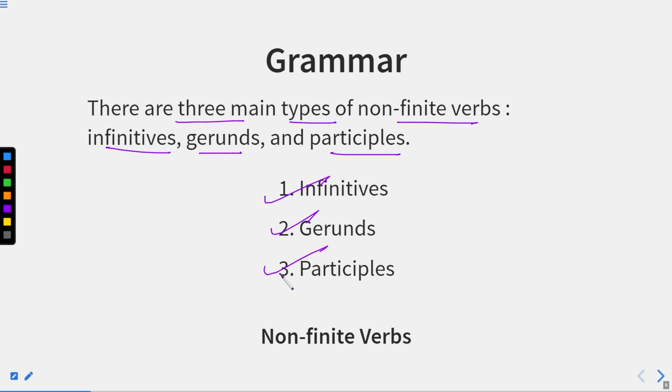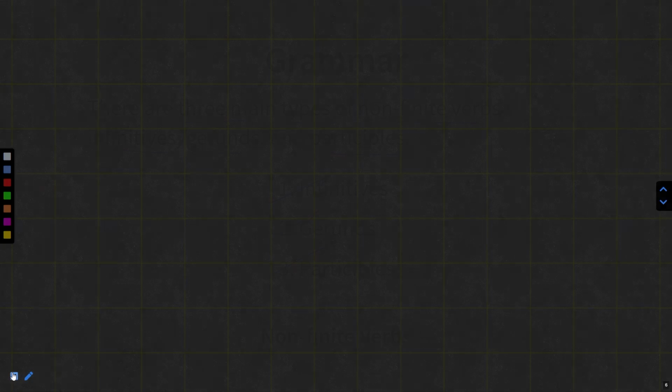First, let us discuss them in brief. After that, we'll have the definitions and the examples of these verbs. First, we'll elaborate this with the help of a diagram. We will make a Venn diagram, and with the help of that Venn diagram I'm going to explain what a non-finite verb is exactly.